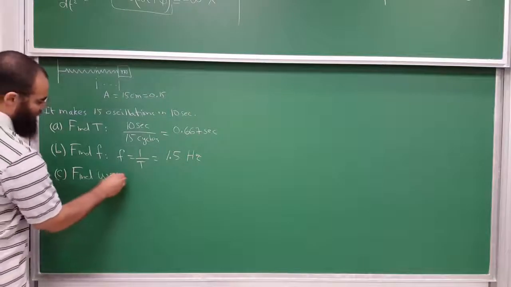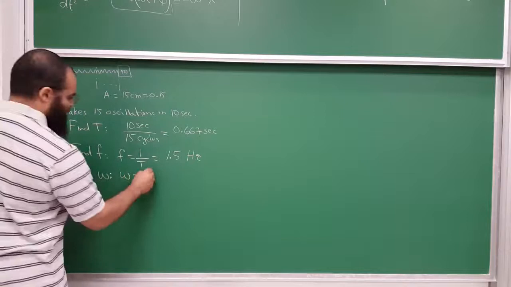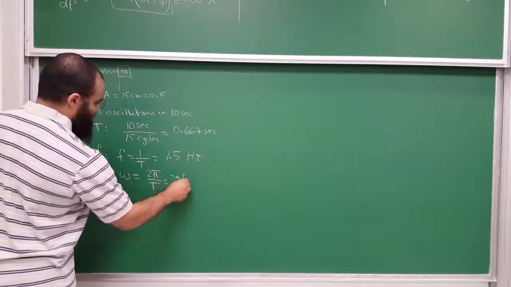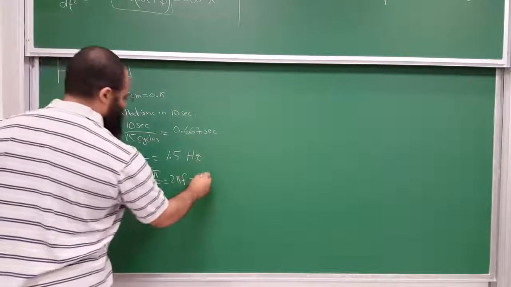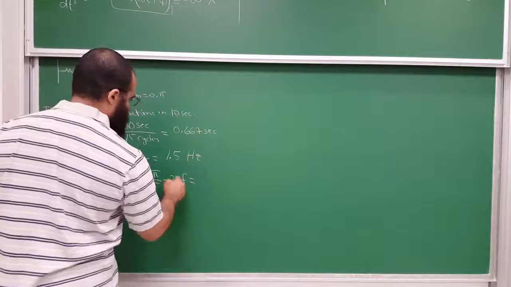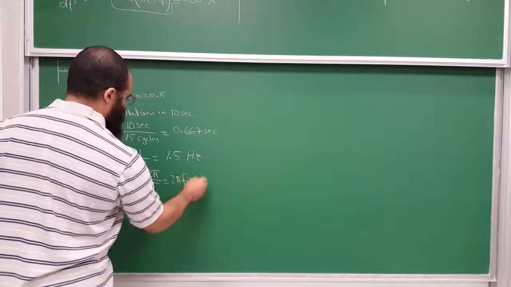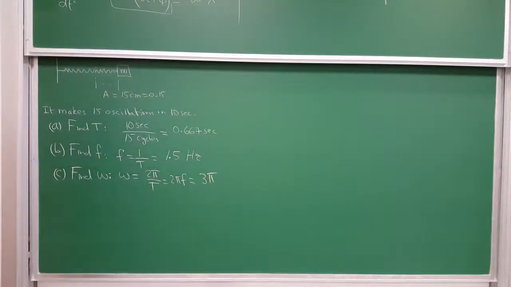Well, omega is 2 pi over the period, or 2 pi times the frequency. And that's 2 pi times 1.5, so that's 3 pi. That's about 9.5, almost 10.